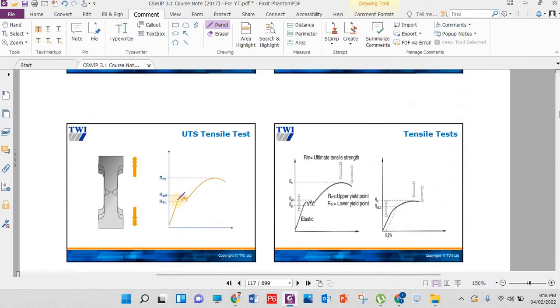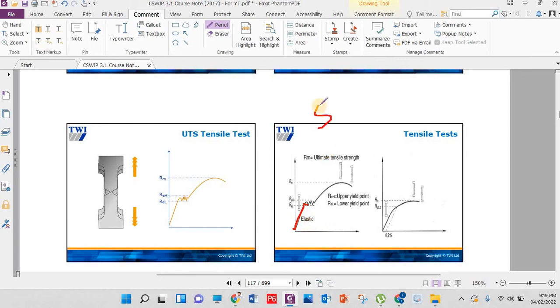from upward and downward. We have this curve, you don't need to remember it, but only get the concept. This is the elasticity, and here we have the ultimate tensile strength, and the yield point here. First, this is the elastic limit. If I apply a small load, then reduce it, elastic means the material will come back to its original form.